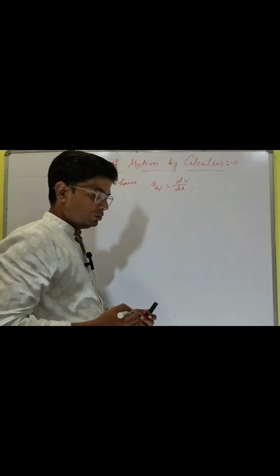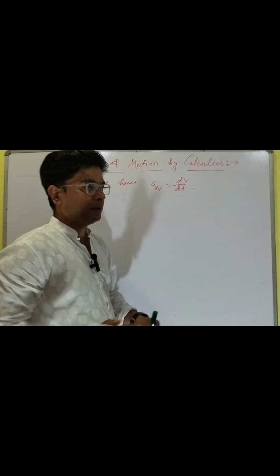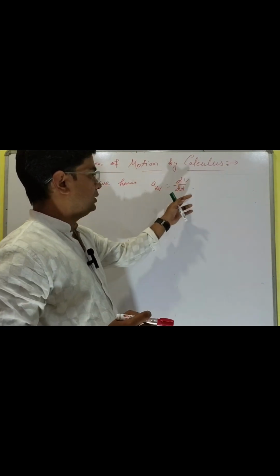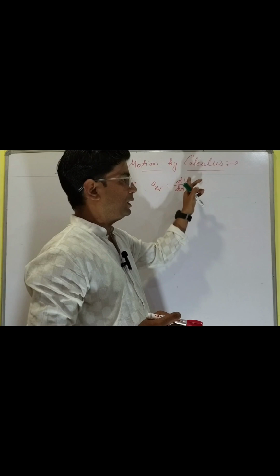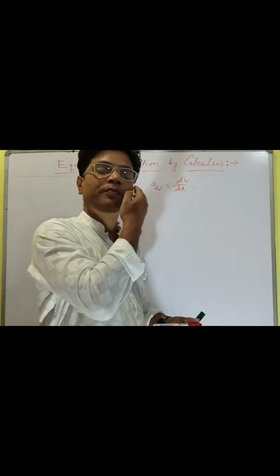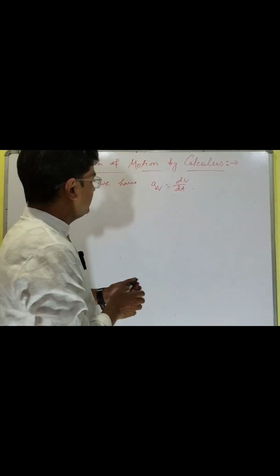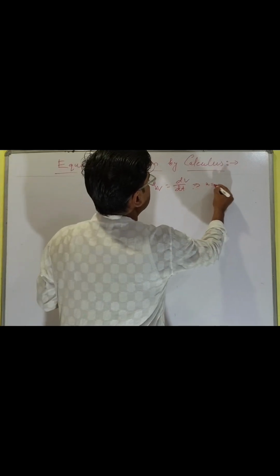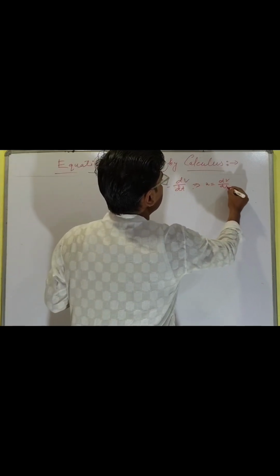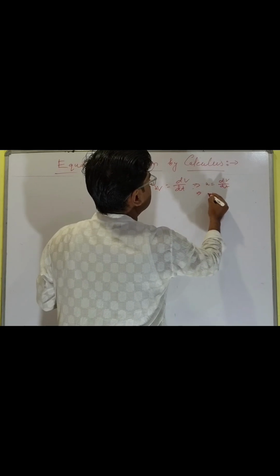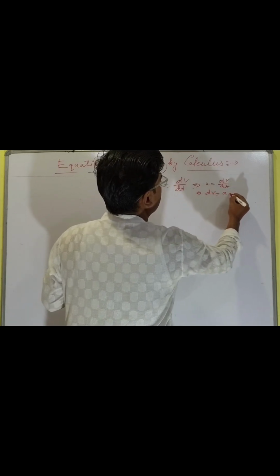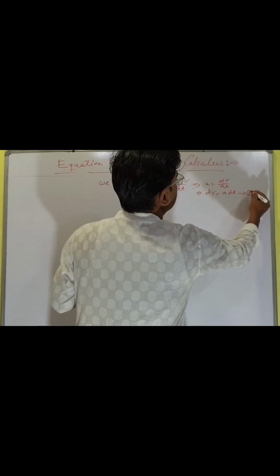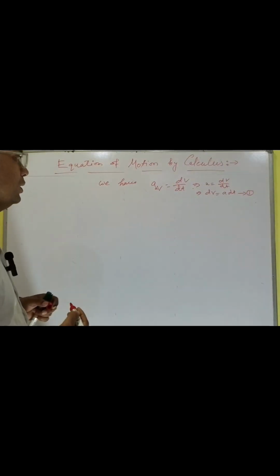This is the expression which represents the average velocity of a moving object, that is a is equal to dv by dt, that is differentiation of velocity with respect to time gives us acceleration of an object. It gives me a is equal to dv by dt. This implies dv is equal to a dt. Suppose we say this is equation number 1.